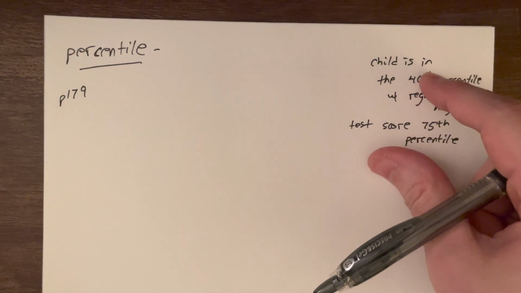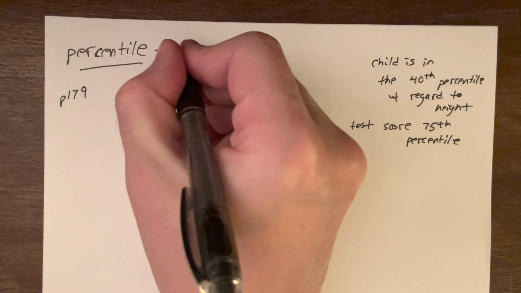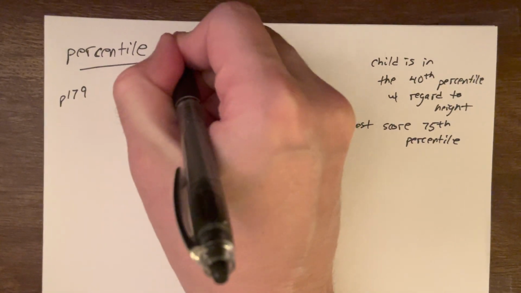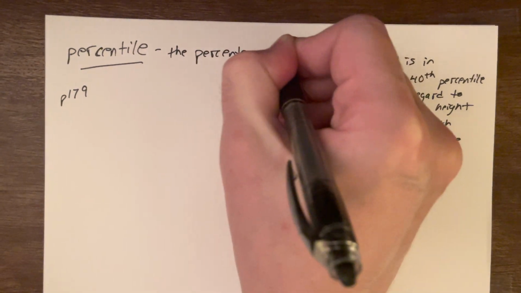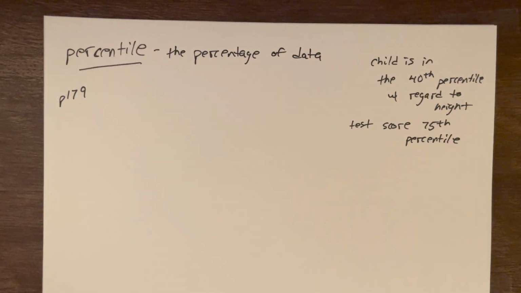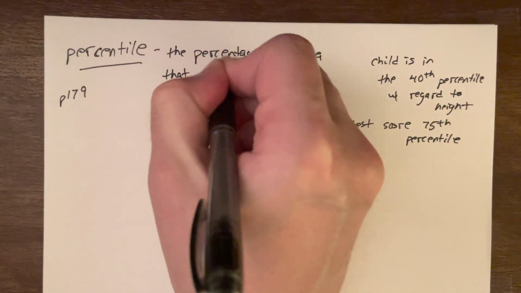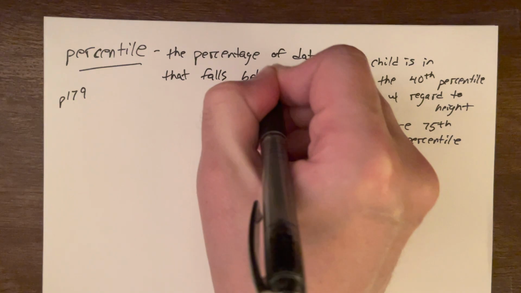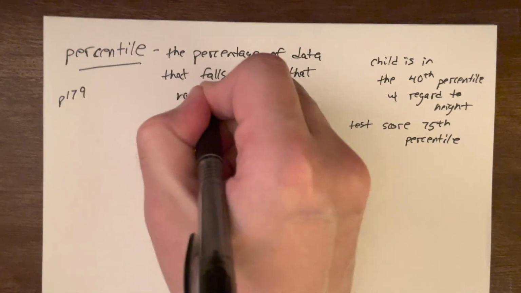You're looking at an individual data value, and the percentile tells you the percentage of the data that specifically falls below that value.